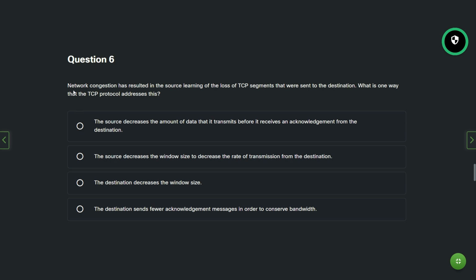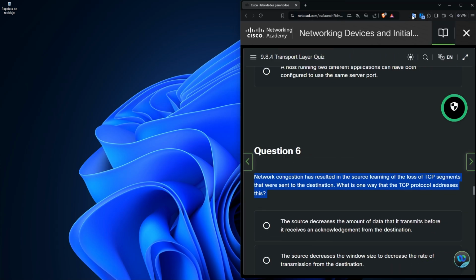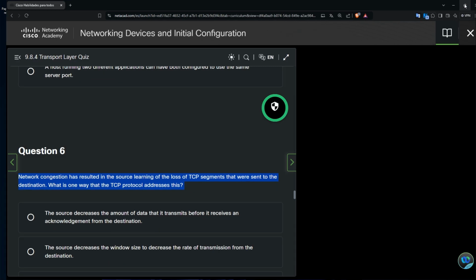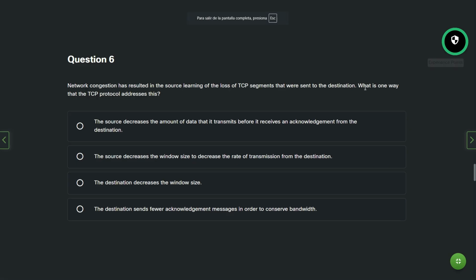What is one way that the TCP protocol addresses this?